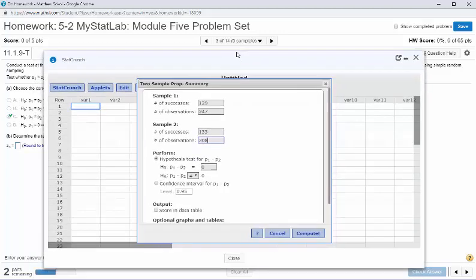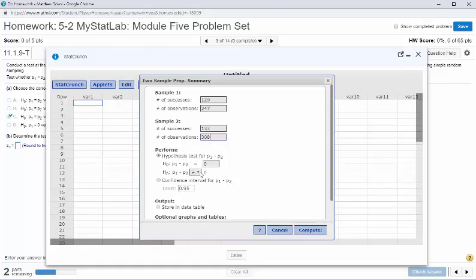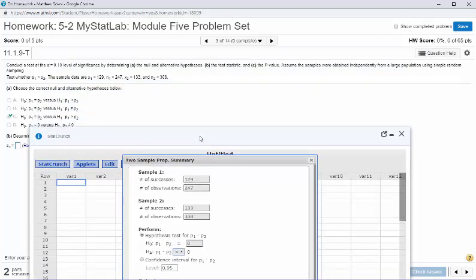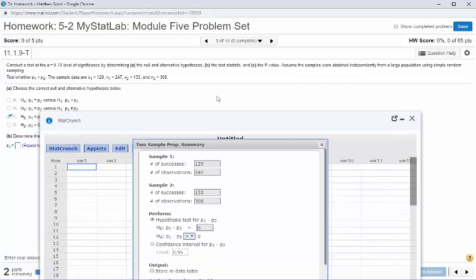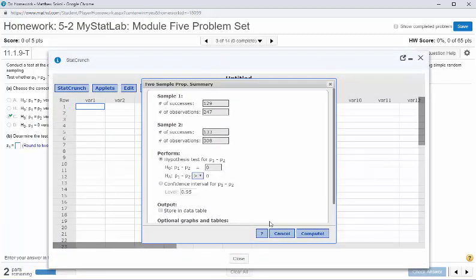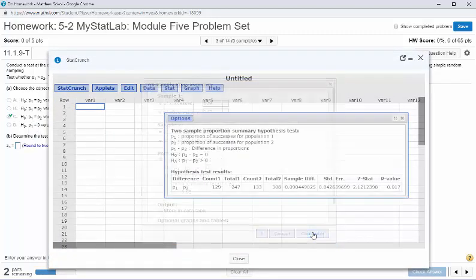So we plugged those in, and we wanted to do a hypothesis test, and we wanted to test to see that their difference is greater than 0. So what happens is they have it over here as P1 is greater than P2, but if you subtract P2 over, you get P1 minus P2 is greater than 0. That's what they wanted to see. So I'm going to hit compute. And here it says this z-stat is your test statistic, and here's your p-value.